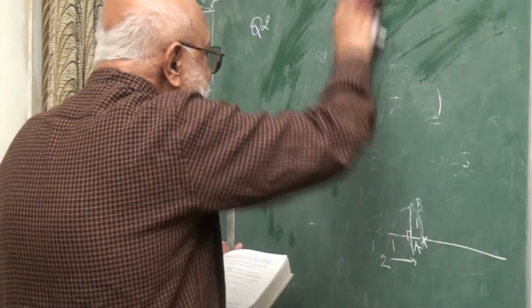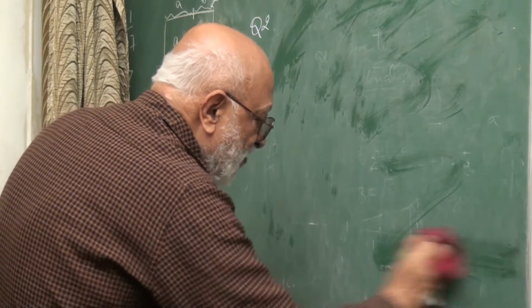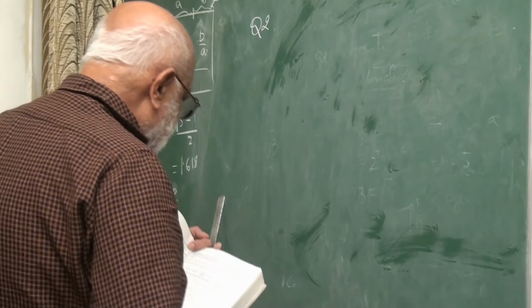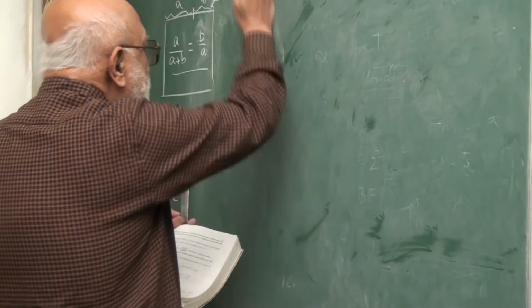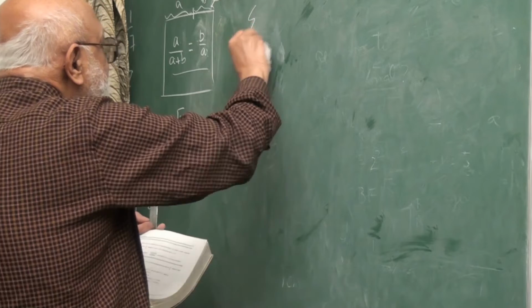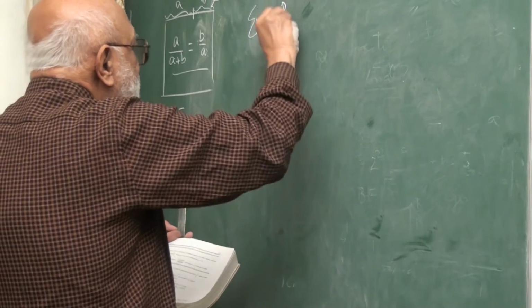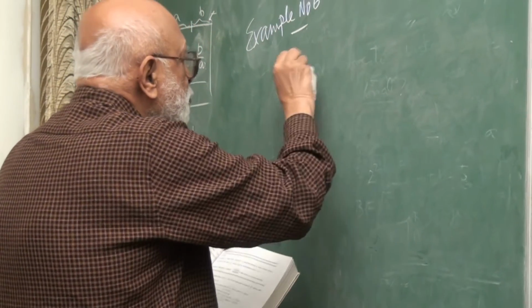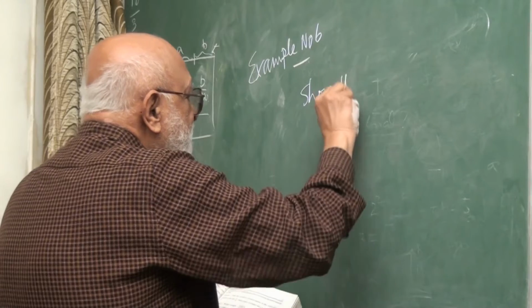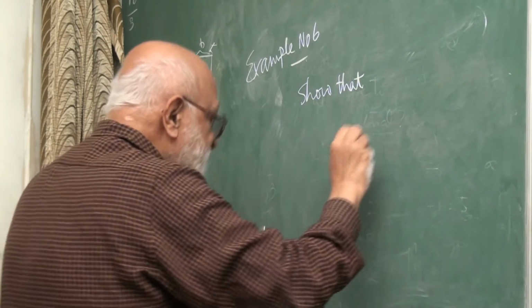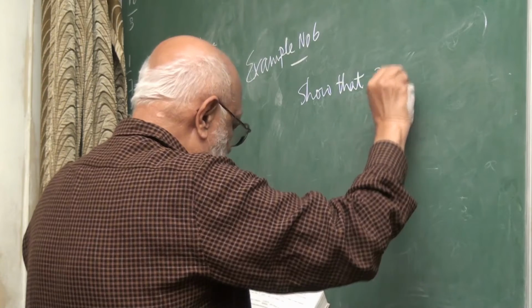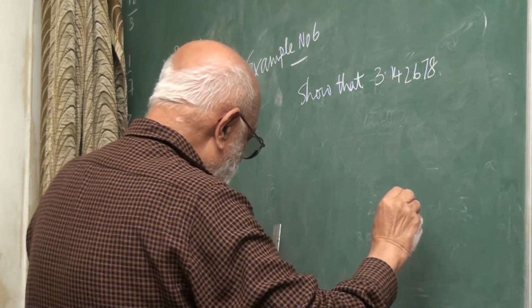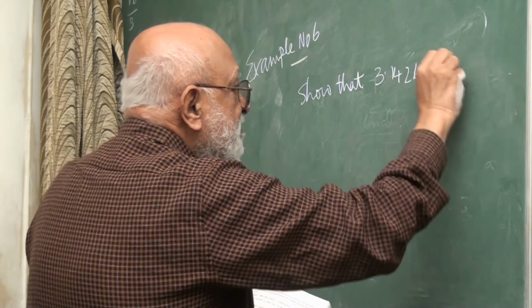There is a number which has been given along with its decimal expansion. Example 6 says show that 3.142678 is a rational number.